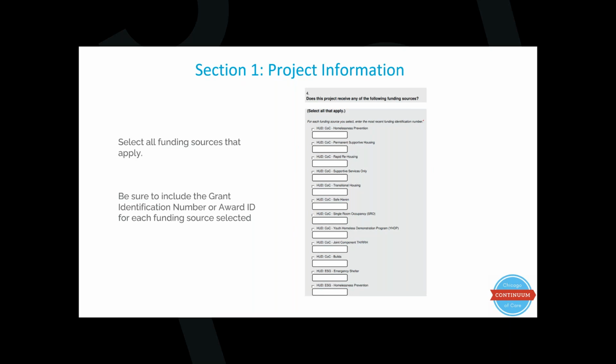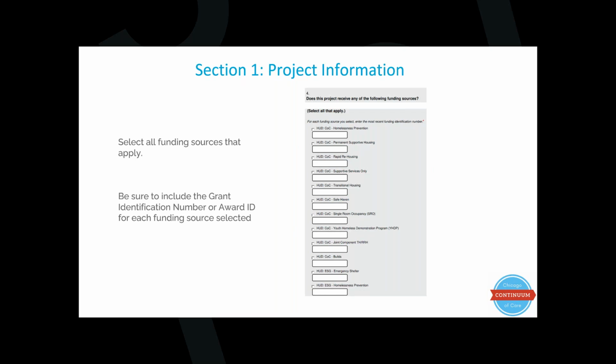Another place to find the operation date might be your grant, to find out the day that the grant was provided, and then from there you might be able to figure out when your agency actually started operating that particular project.